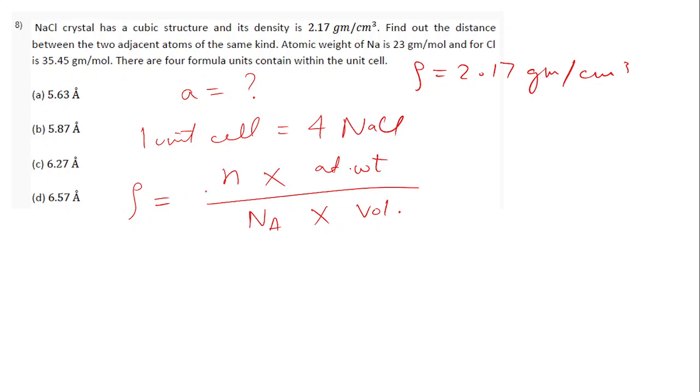Density we already know. We need to find out volume actually, so that with volume I can find out the A parameter, right? So volume we need to find out. So it will become density times Avogadro number divided by number of molecules and atomic weight, and this will be A cube.